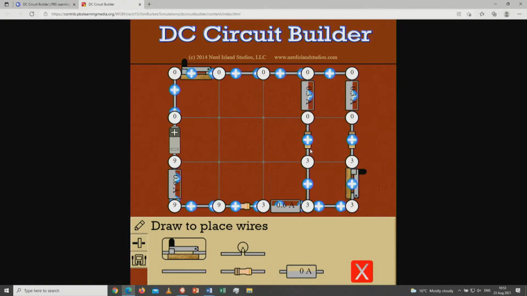So R1 and the equivalent resistance of these two resistors will be in series, and therefore they will share the potential difference, or the EMF, of the battery. They will share the total voltage of the battery.